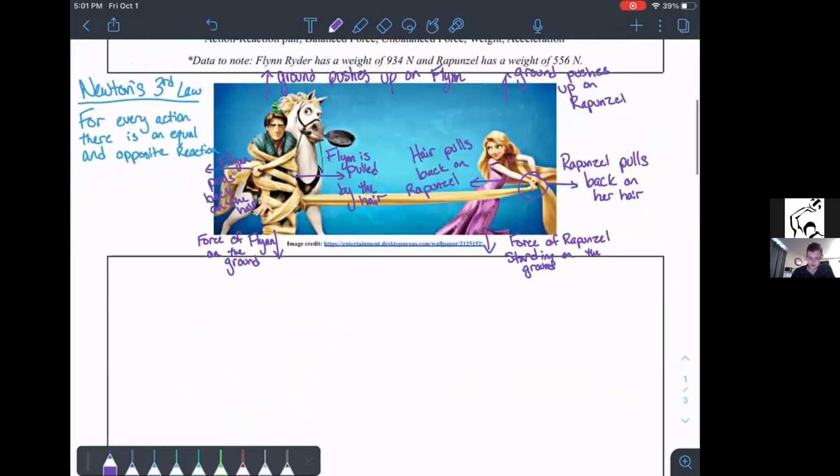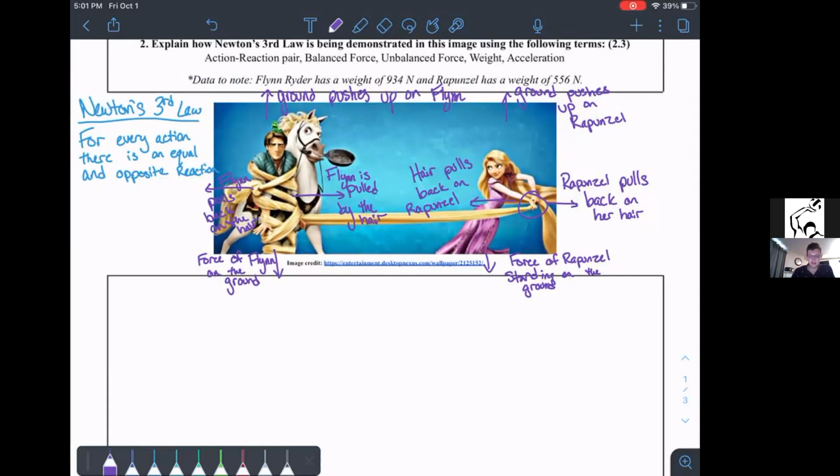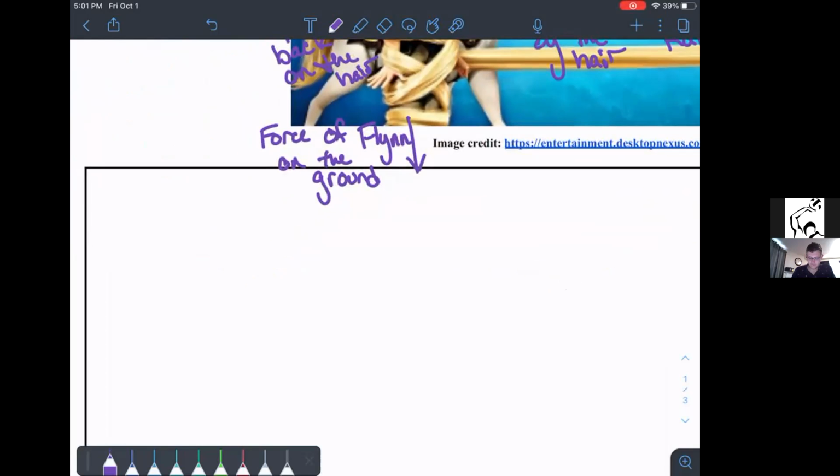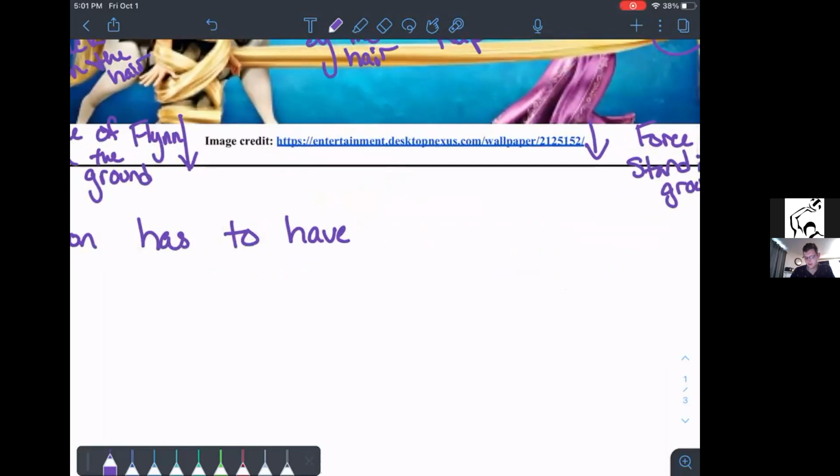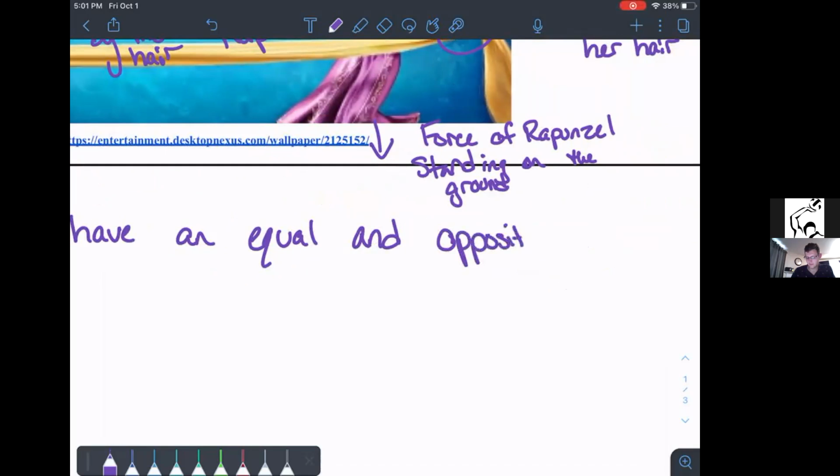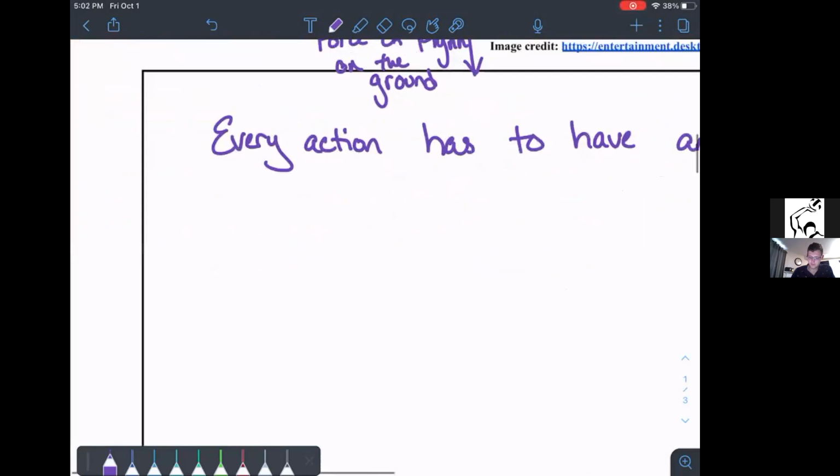So we can talk about action reaction pairs, which is the fact that every action has to have an equal and opposite reaction, such as Flynn pushing down on the ground.